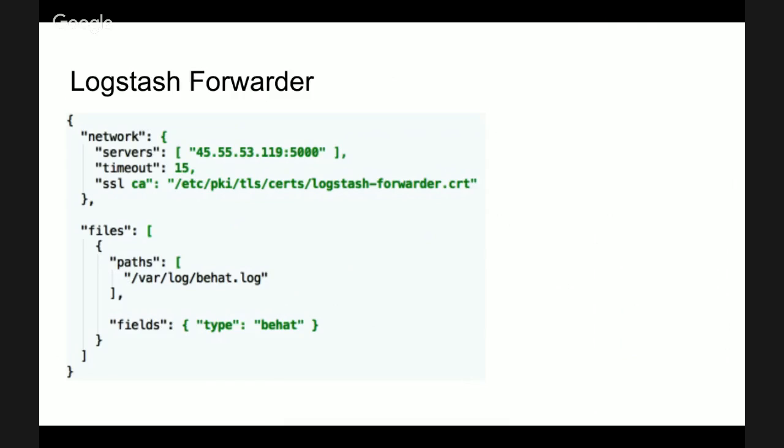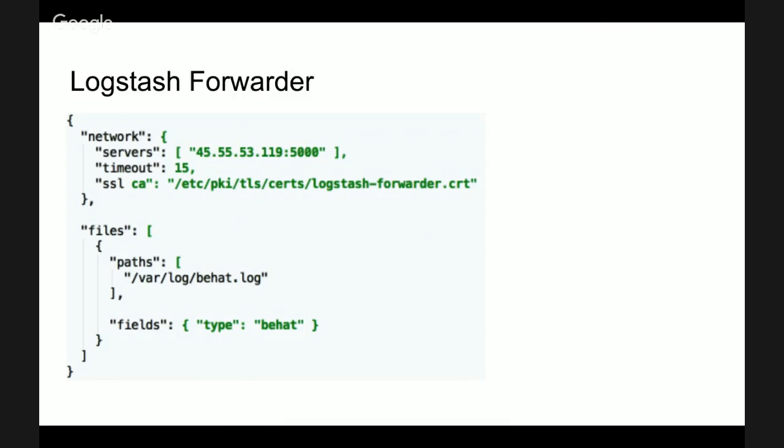Communication between workers and the Logstash server was secured with an SSL certificate. This is the IP address of our ELK server. All the instructions about how to set up an ELK server on DigitalOcean are published on the DigitalOcean website. I will have a link at the end of the presentation.